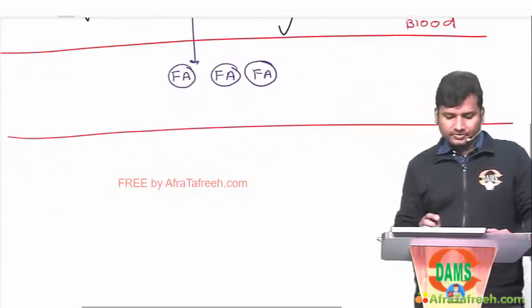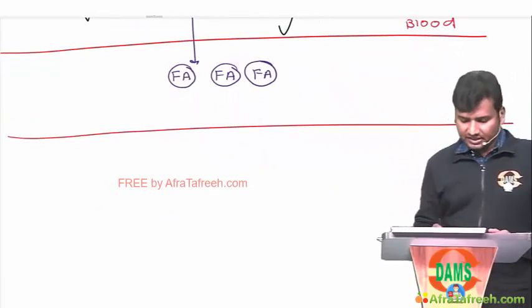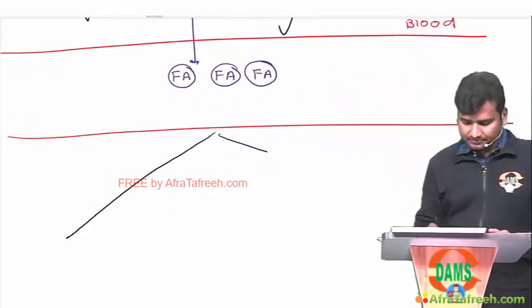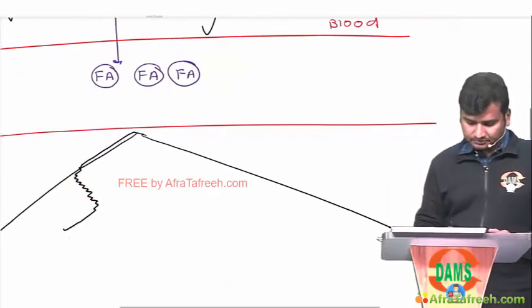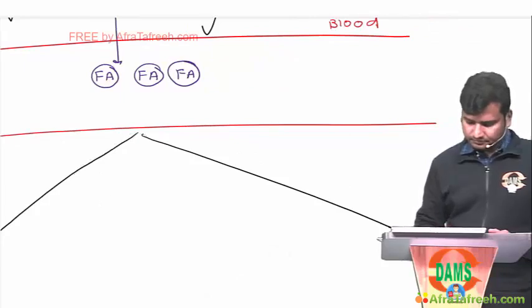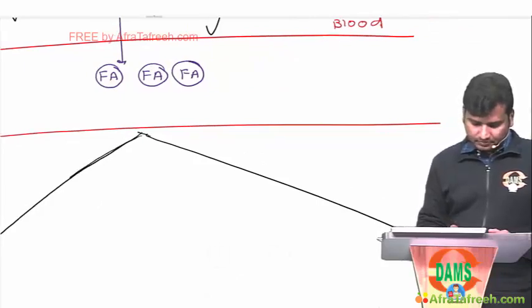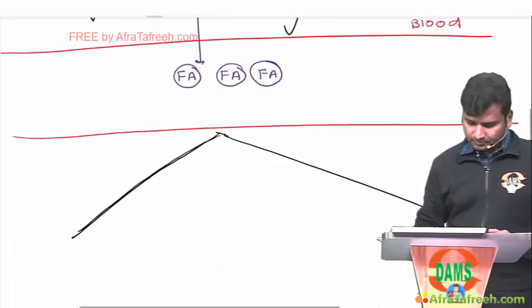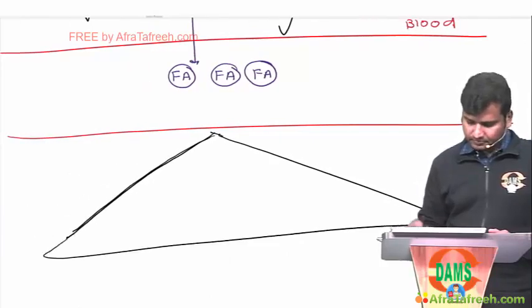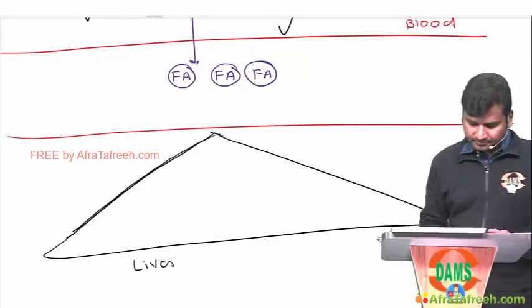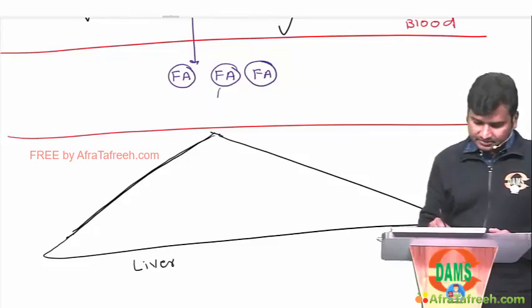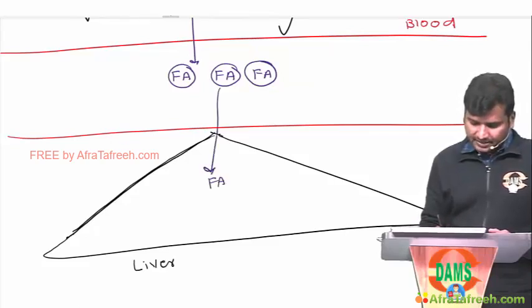From blood, these fatty acids will enter the liver. This is the liver, and fatty acids from blood are entering the liver.